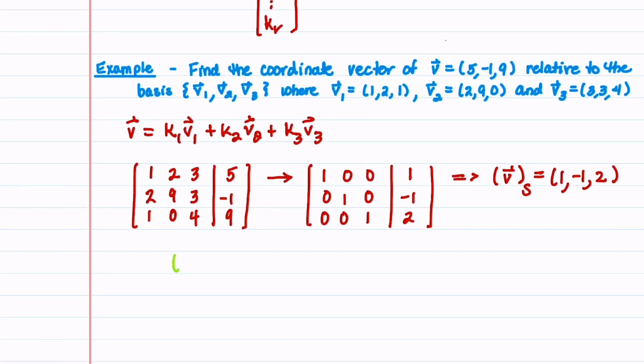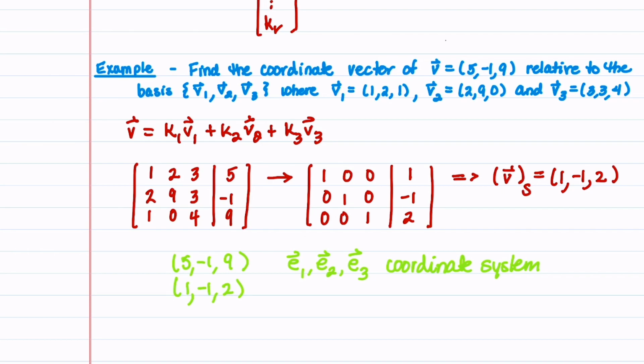This means that we would write 5, minus 1, 9 if we're in the E1, E2, E3 coordinate system, and we would write 1, minus 1, 2 if we are in the V1, V2, V3 coordinate system.